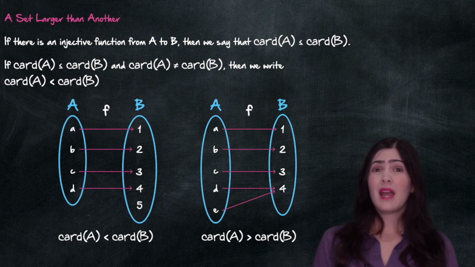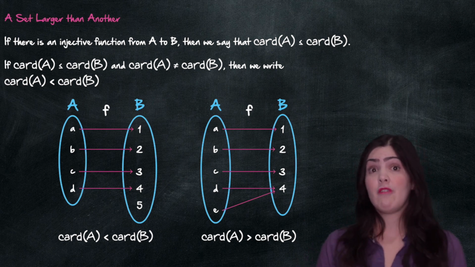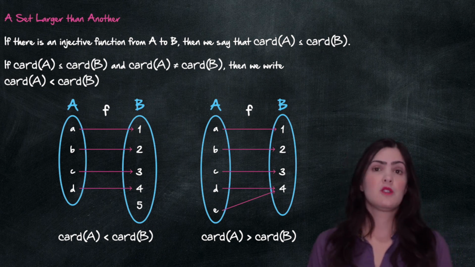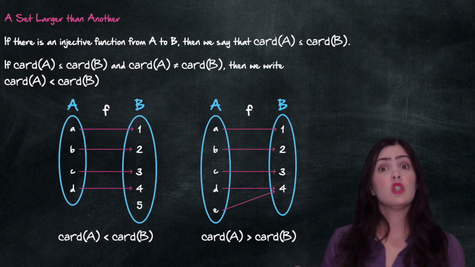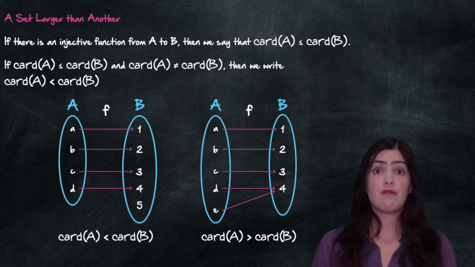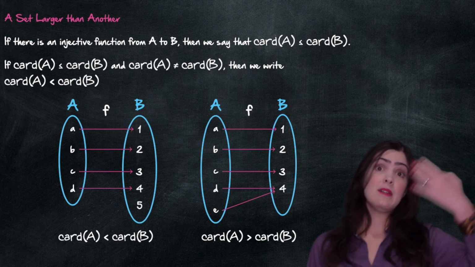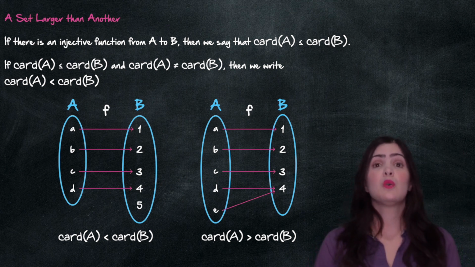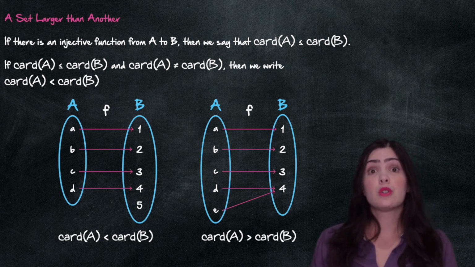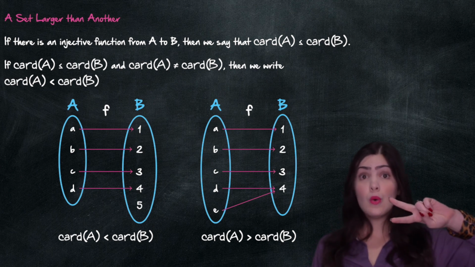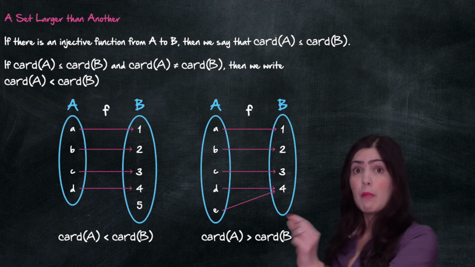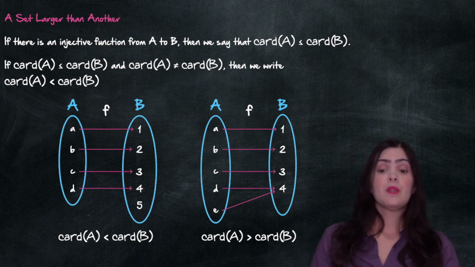In this case, we were actually able to find a surjective function from A to B, but it would be impossible for us to find an injective function from A to B, because remember that a very important part of the definition of a function is that every element in the domain, every input, has to have an output. So when we do that, we will be forced to have at least 2 elements in A that are mapped to the same output in the set B.